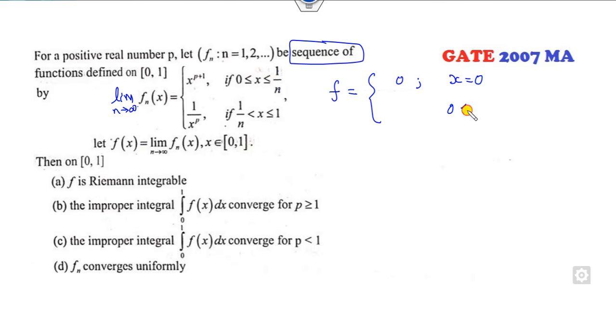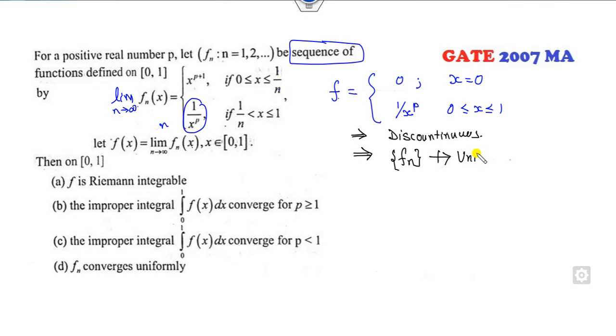And this function becomes what is here, clearly independent of n. Now, is this function continuous? Clearly this function is discontinuous. If the function is discontinuous, what does it mean? The sequence Fn does not converge uniformly, because it is not pointwise convergent. If it is not pointwise, then it is not uniform. So Fn converges uniformly is the wrong statement.